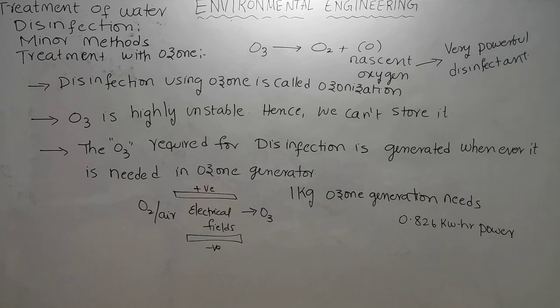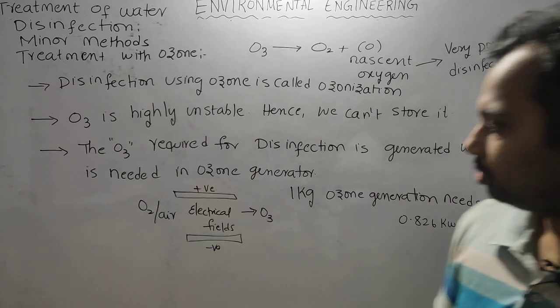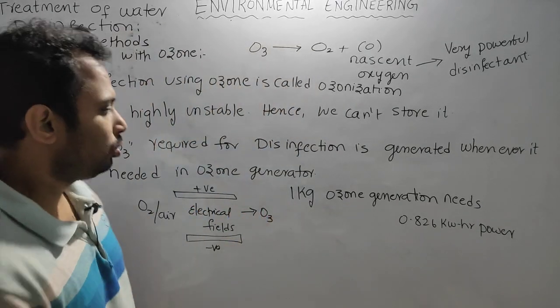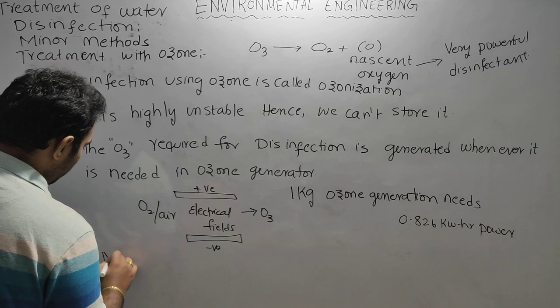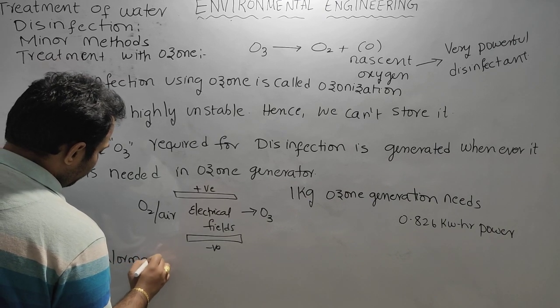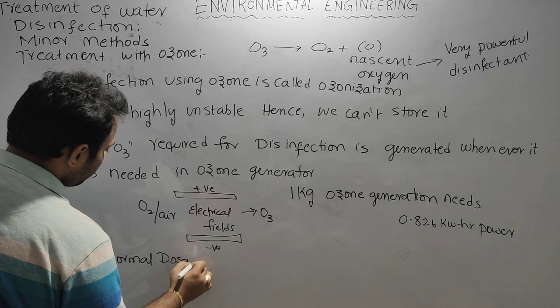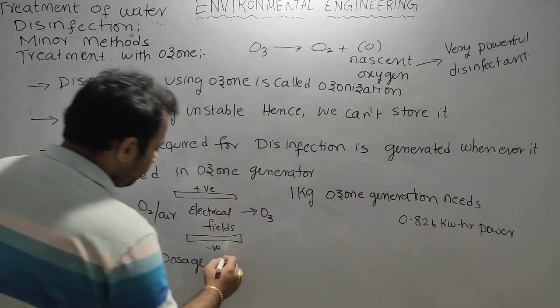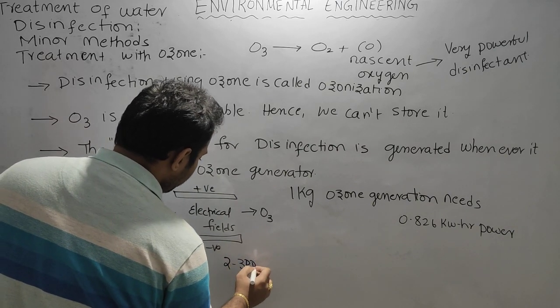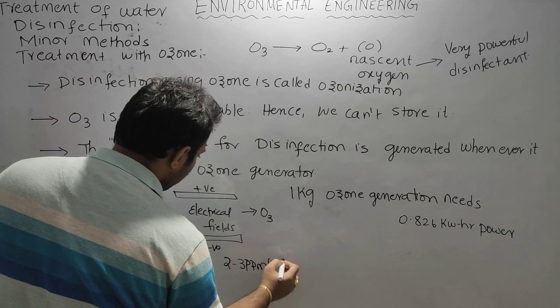If this is for only 1 kg of ozone, then for bulk water supply on a daily basis, how much ozone is needed, and what should be the cost of the water? Generally the normal dosage of ozone in water varies from 2 to 3 mg per liter, 2 to 3 ppm.